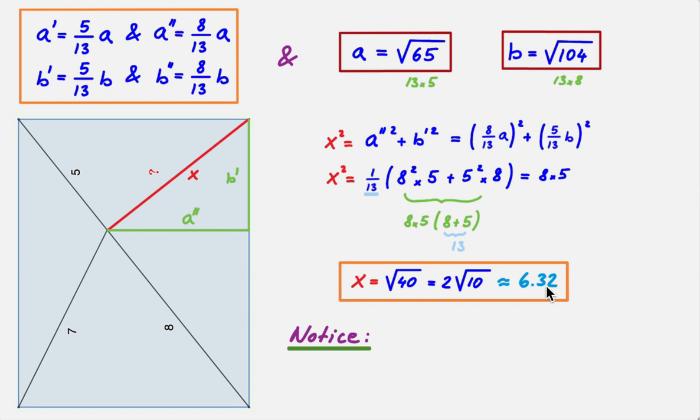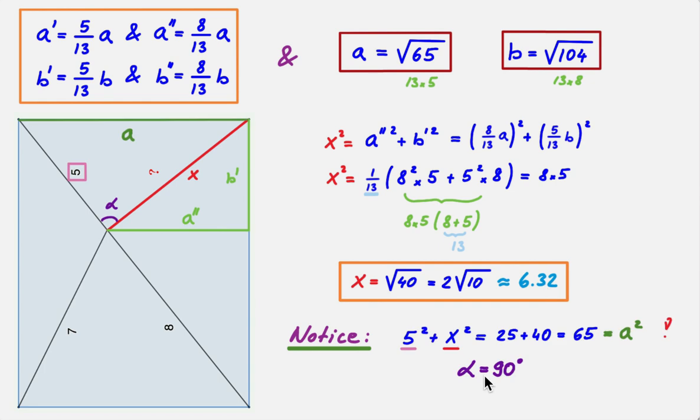And so to finish, I'll just add that if you would like to see what this alpha is, you can test if the number 5, A and x are related by the Pythagorean theorem. If they are, alpha is 90 degrees. If they are not, we would have to use the law of cosines, but in this case it really does work, and we can say that this alpha is 90 degrees.